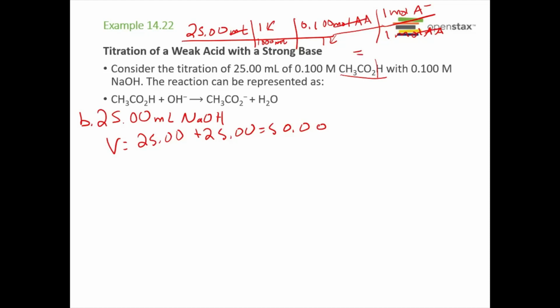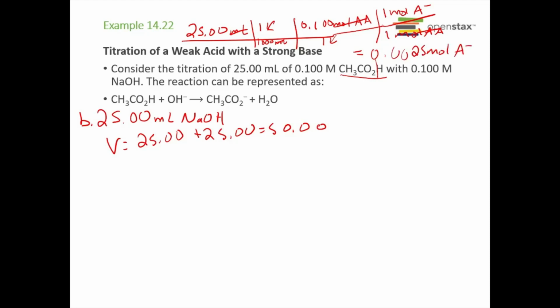So if we punch this in, we get 0.0025 moles of the acetate ion present.